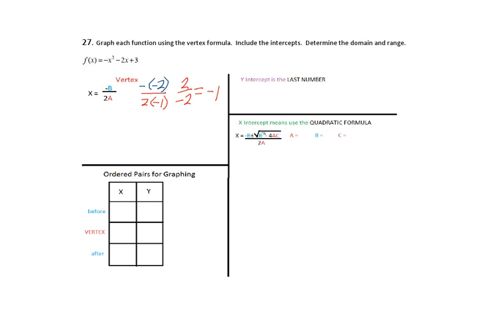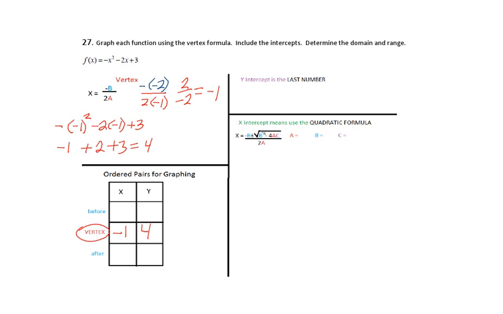But the vertex has to be 2 points, so we're going to plug negative 1 into our equation. So it's going to be minus negative 1 squared minus 2 times negative 1 plus 3. So you get negative 1 plus 2 plus 3, which is equal to 4. So if you go down to the bottom left, the vertex is (negative 1, 4).